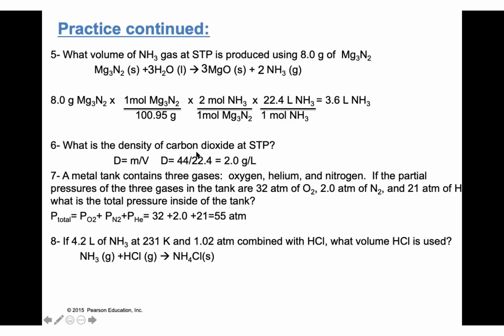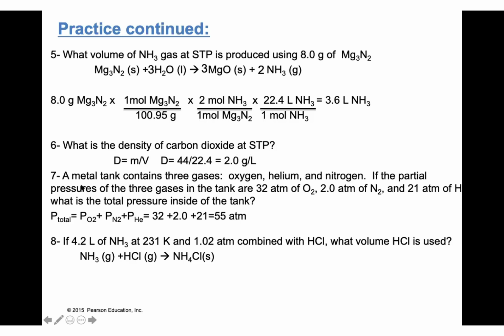Find the mass of 1 mole of the gas from the periodic table. When adding up the atomic masses, you get the molecular mass. So this is how you do it. Make sure you find that carbon dioxide is around 44 grams per mole, and I divide it by the 22.4 liters, which is the volume of 1 mole of the gas. That would be the density.